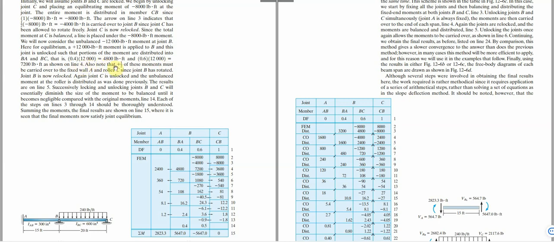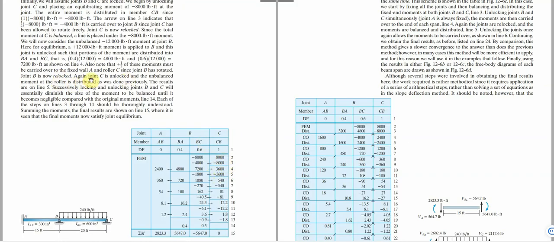Also note that half of that moment must be carried to the fixed wall A and roller C. What we are going to say is that half of what we have here will be taken to point C, and half of it will be taken to point A. So for this one, half of 4,800 is 2,400, and half of this is 3,600. So we have that there.